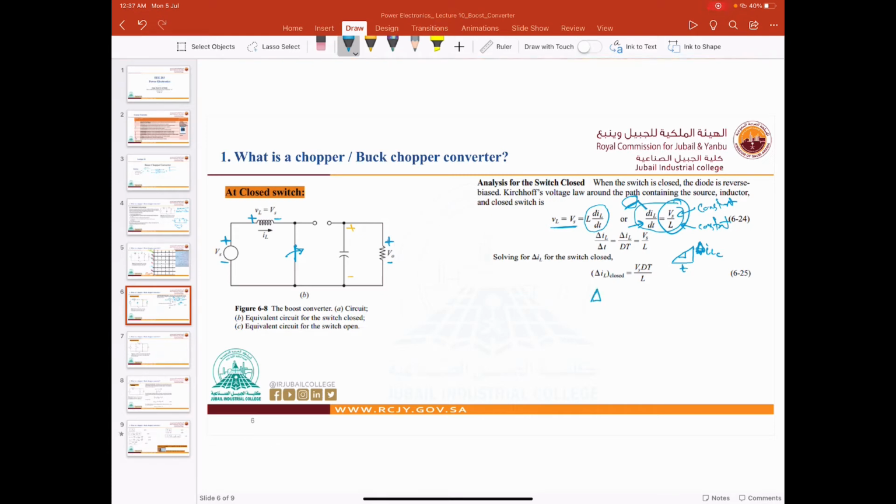So we need to reach this one. So delta I close is equal to T on, because we are using T on, multiplied by Vs over L. And we know T on is basically the duty cycle multiplied by T, multiplied by Vs over L. Right, shabab?